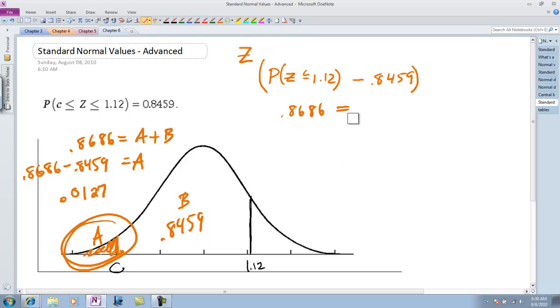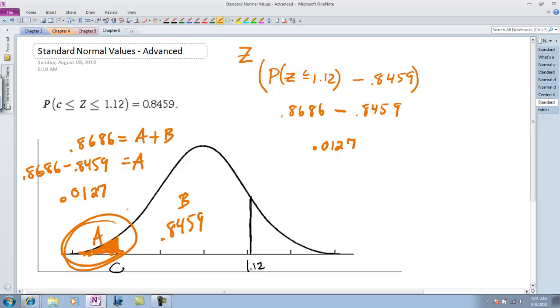And that is why I subtracted. See, I subtracted here. That's why I subtract over here. This minus that gives me 0.0127. And that is the area of this little piece over here that is to the left of C.